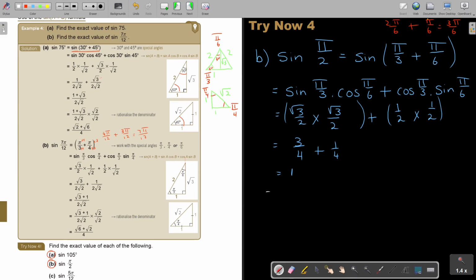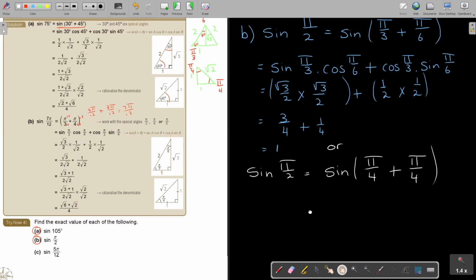My second option is sin pi over 2, which can also be, do you agree, sin of pi over 4 plus pi over 4. And that's 2 pi over 4, and that's also a half pi. And let's see if we get the same answer. It's always nice.